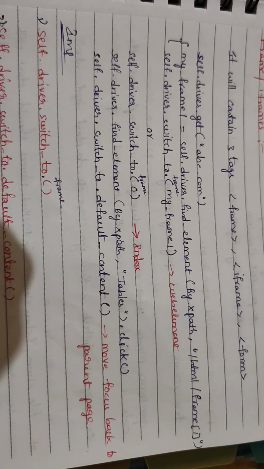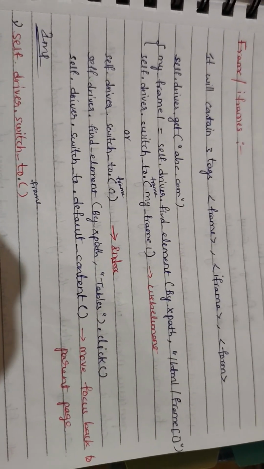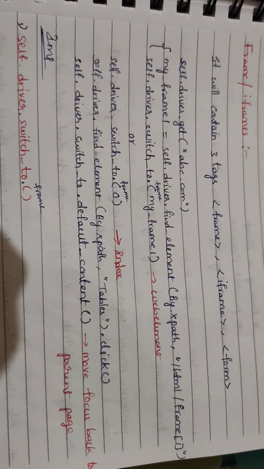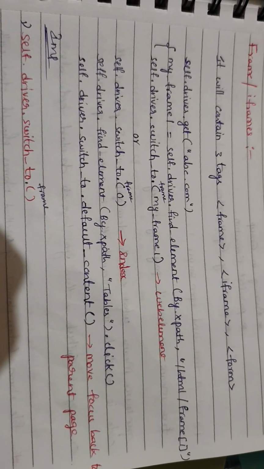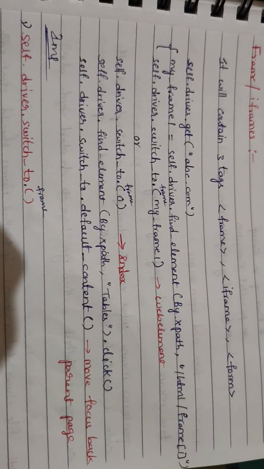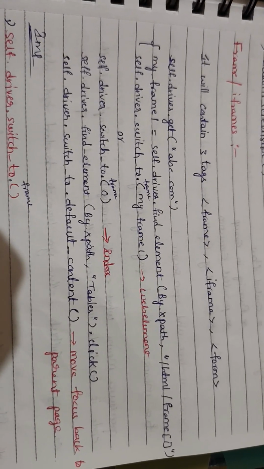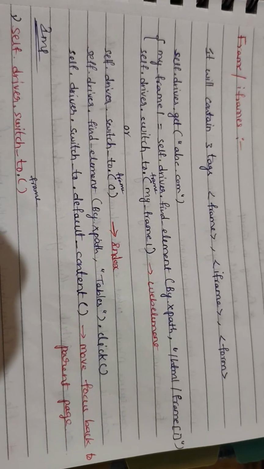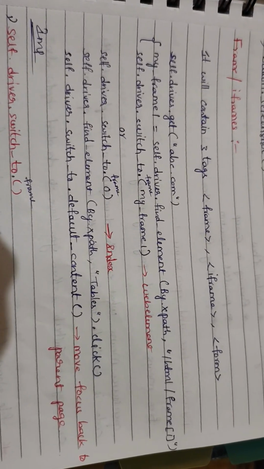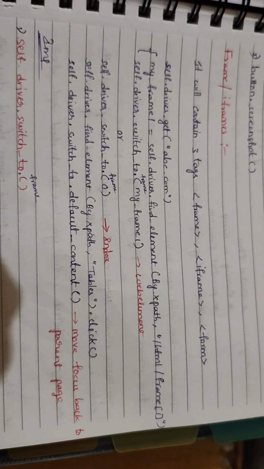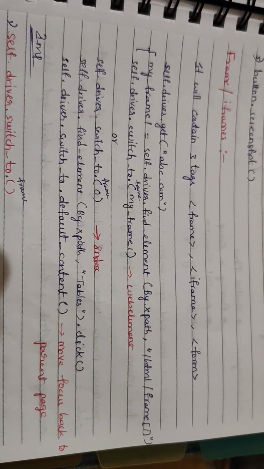So first self.driver.switch_to.frame, this is my frame 1, this is the web element, or switch_to.frame(0), where 0 is the index. Next, self.driver.find_element by that XPath, tables.click(), then self.driver.switch_to.default_content(). Default content means move focus back to the parent page.